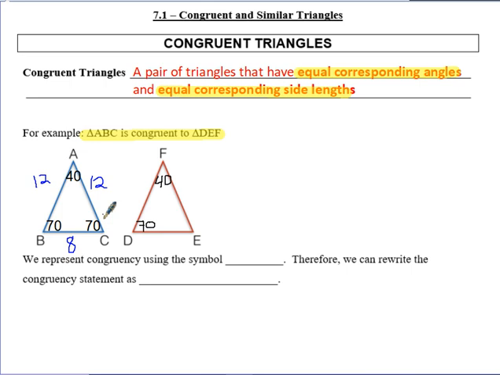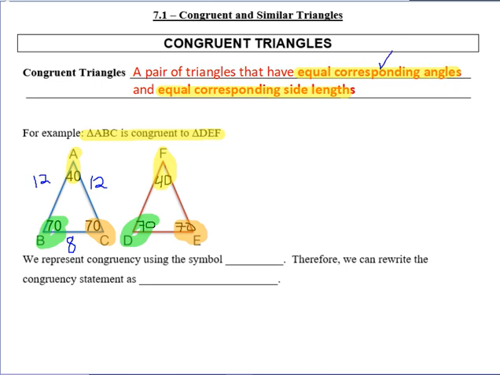And if C is 70 in the bottom right, then E must also be 70. Angle A corresponds with angle F, so they're both 40. Angle B corresponds with angle D, and lastly, angle C corresponds with angle E. So that's what we mean when we say equal corresponding angles.